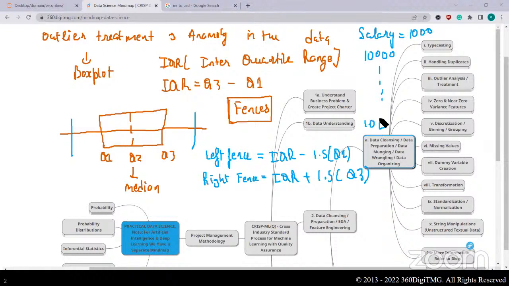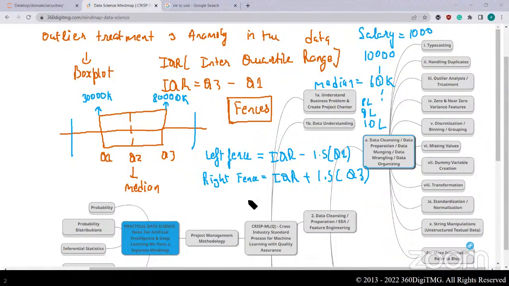Then we also have 9 lakhs and 8 lakh. The median is about 60,000. So this Q1 value is, let's say, for example, 30,000. This is 80,000. Okay, so that is the range.